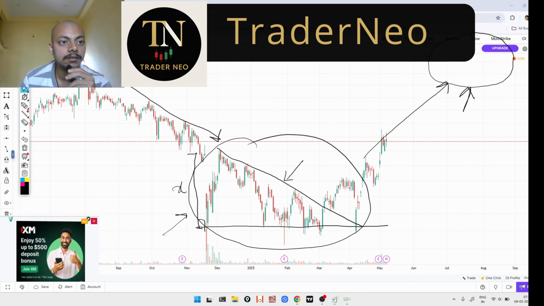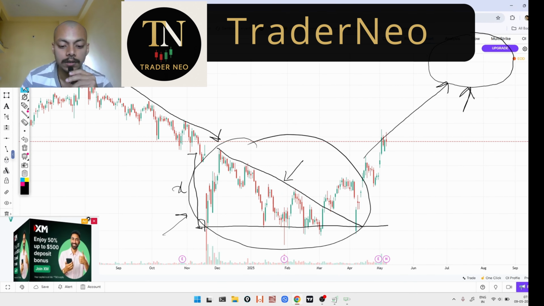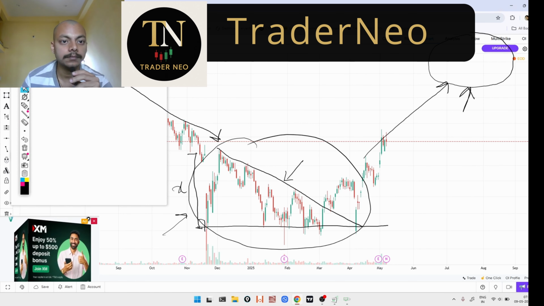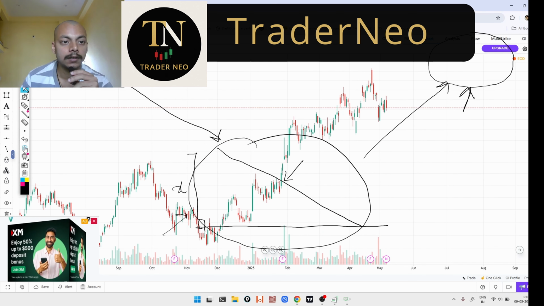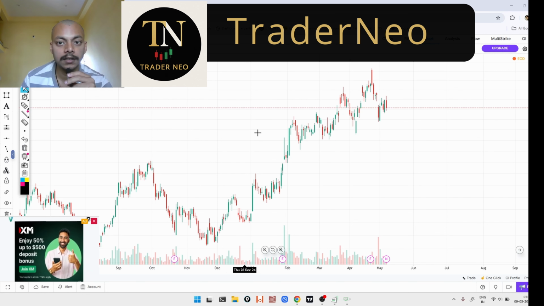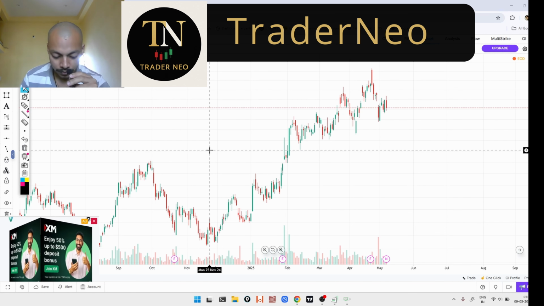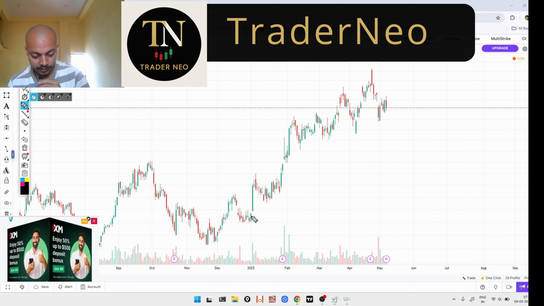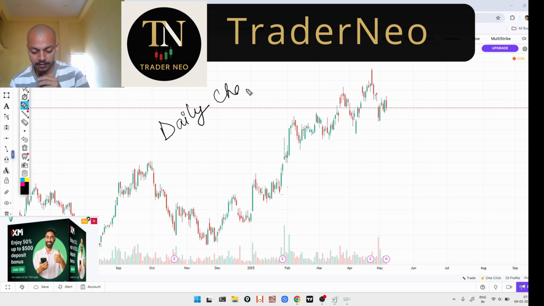Okay, so now let's move on to the trade that I took. This I traded in this equity. So what I anticipated was, this is the daily chart. Let me mark it out, daily chart.